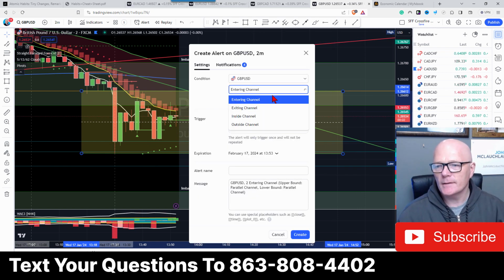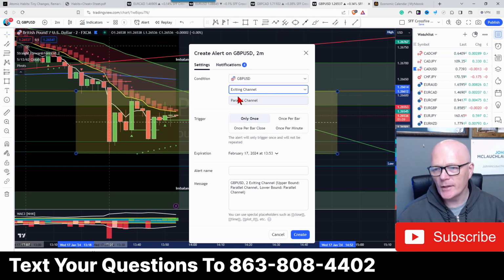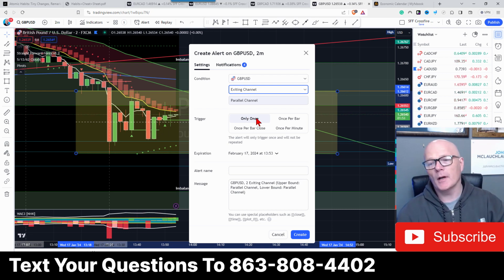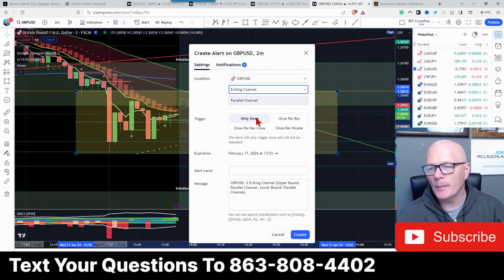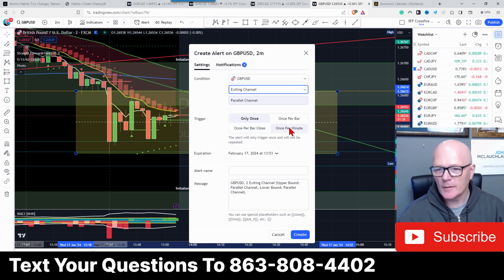So GBP USD, exit in the channel, the parallel channel, and you can do it only once. When the price comes out, you get an alarm go off on your TradingView that can come through to your phone or email or text message or carrier pigeon, whatever you want. It'll do it only once per bar close, or once per minute, depending on what you want.